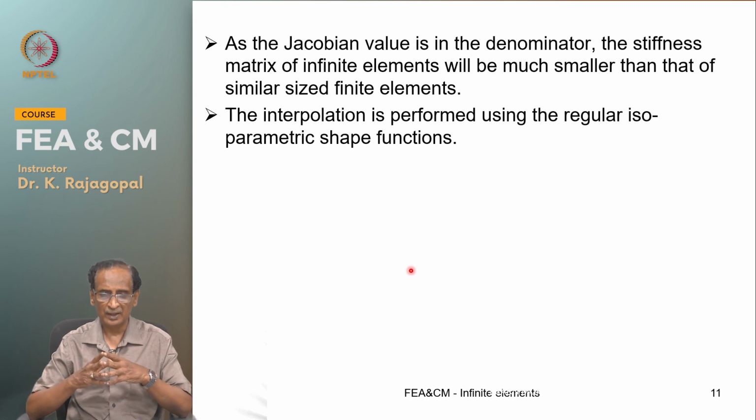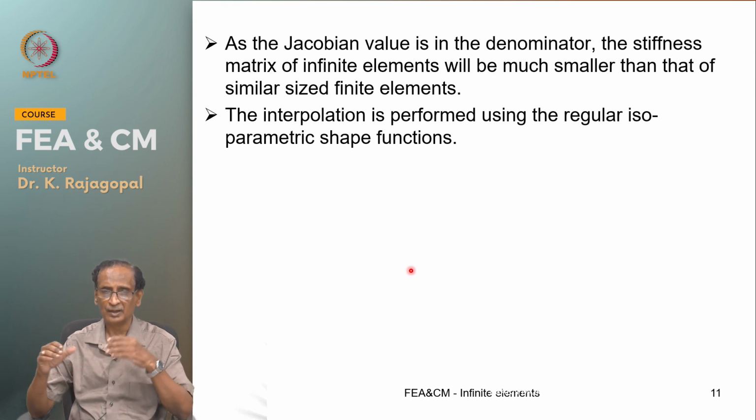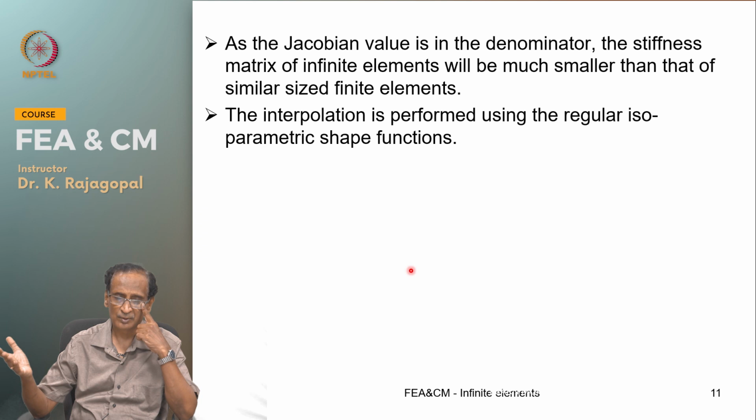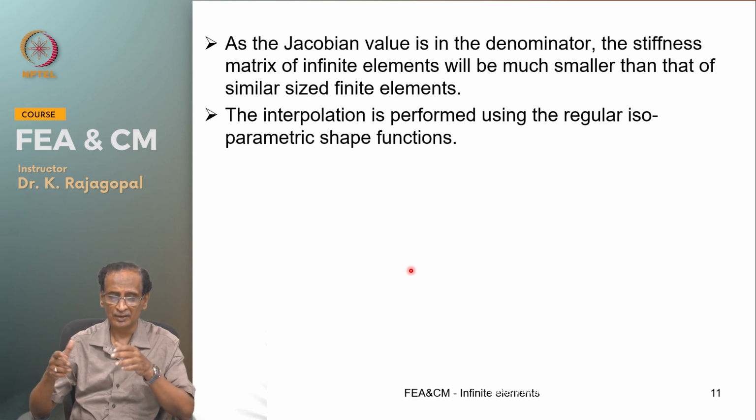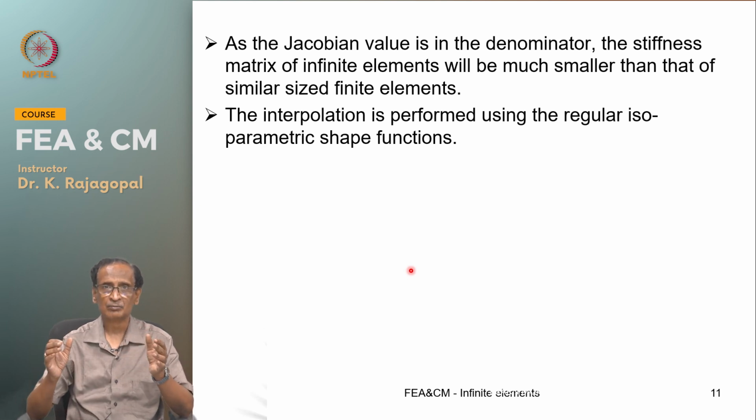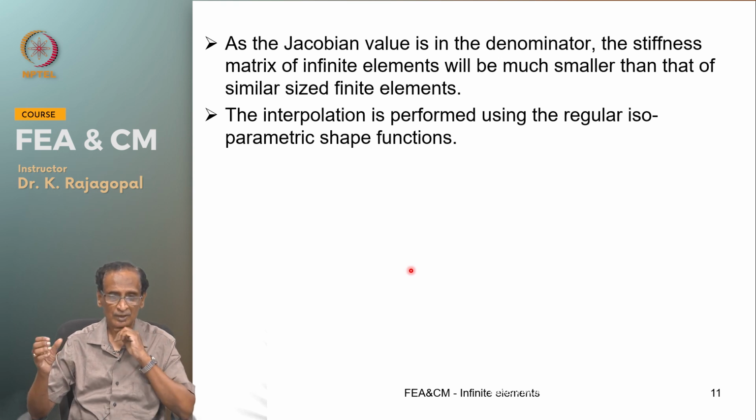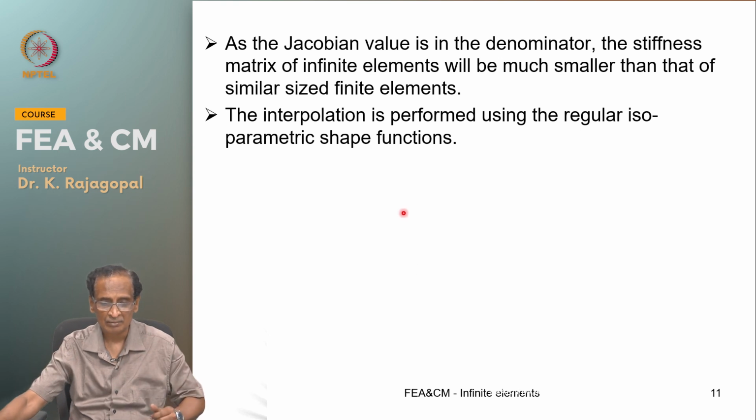Thus, the Jacobian value is in the denominator. When our integral of B transpose D B is calculated, the determinant of the Jacobian is in the denominator. So, when you calculate the stiffness matrix of an infinite element, we will see that it is of a very small value, because the determinant of the Jacobian matrix is in the denominator.